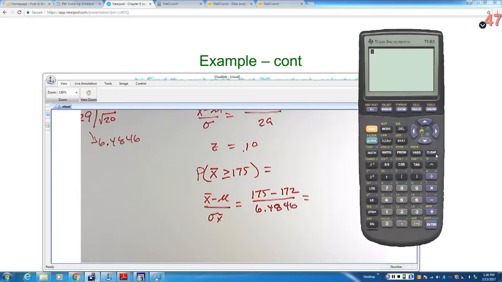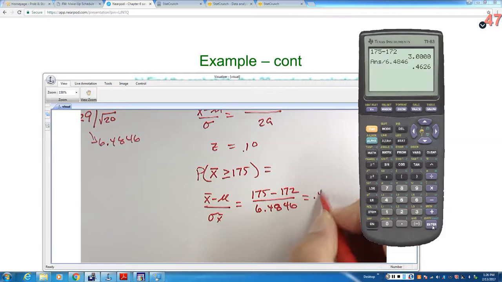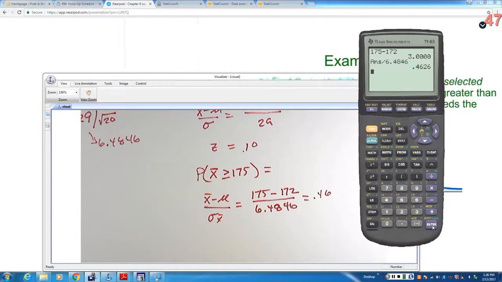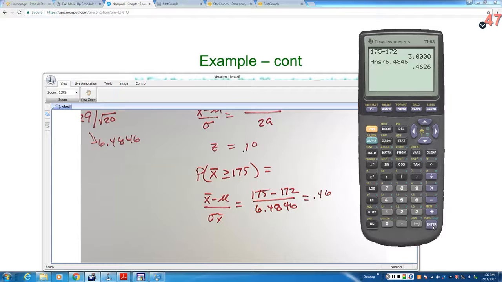Okay, so now we have 175 minus 172 divided by 6.4846. And we get what? 0.46, right? So we get about 0.46.